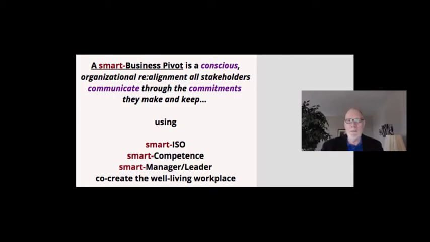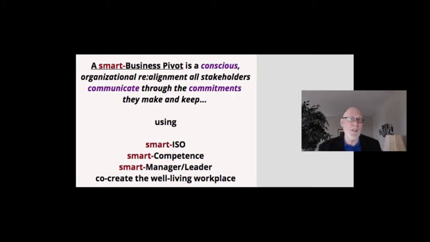You can make a commitment and go, yes, I will get that done by the end of the week, but will it be done competently? This is an important element that's woven into the business pivot. It's also a great way to be able to help both employees and customers to be able to interact in such a way as to have the pivot be successful.